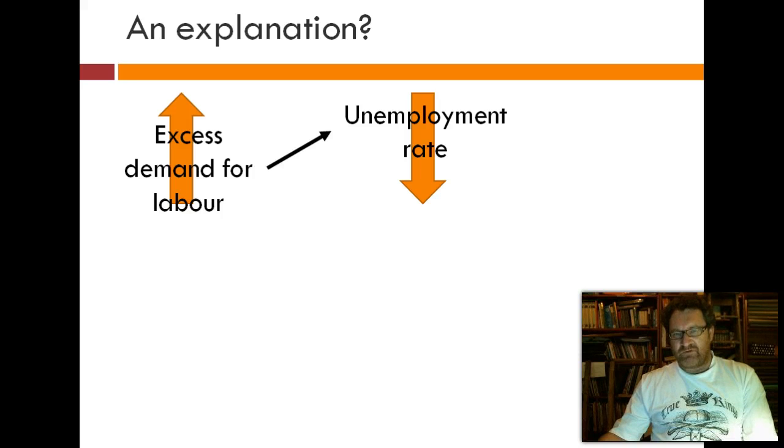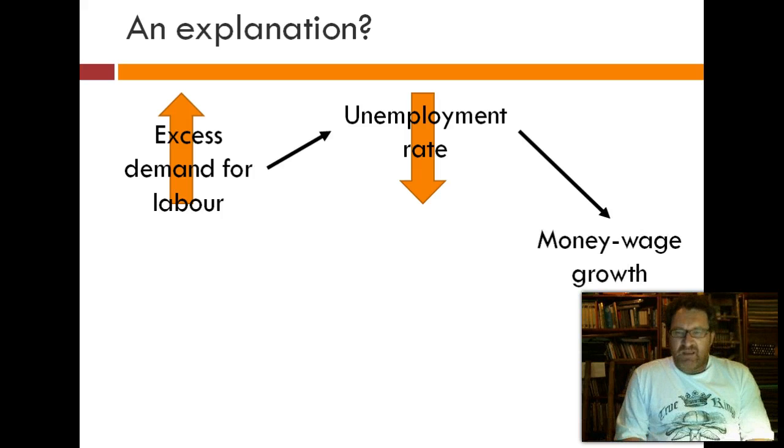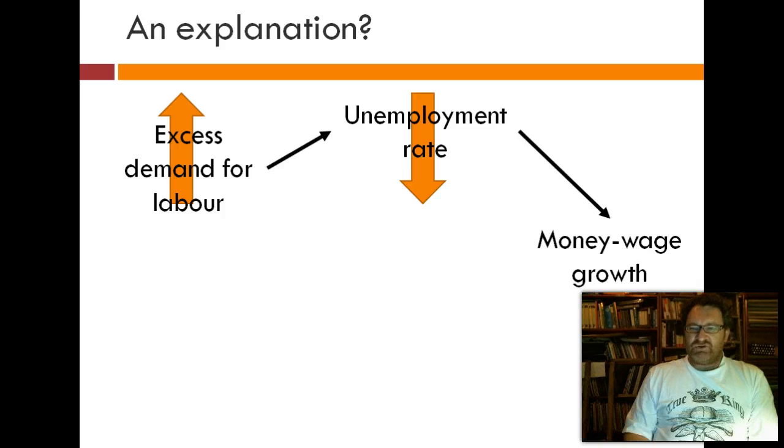Now, if the unemployment rate falls, what do you think is probably going to happen to the money wage growth rate? The rate at which money wages grow. Is it likely to go up or go down? Well, if there's fewer and fewer people unemployed, then there's two kinds of explanations one can offer. One can say that in order to entice more people into the labour market, it's necessary for employers to offer higher wages.